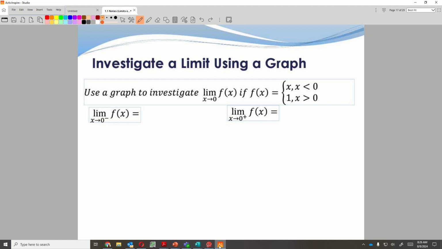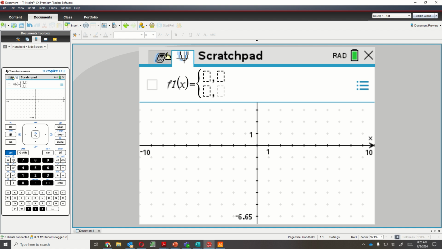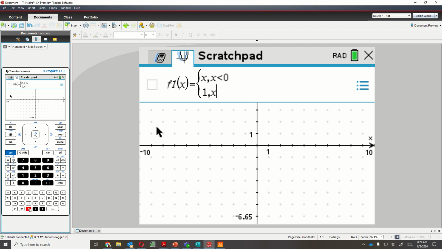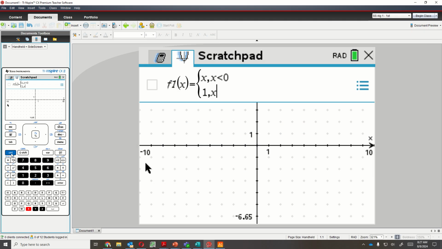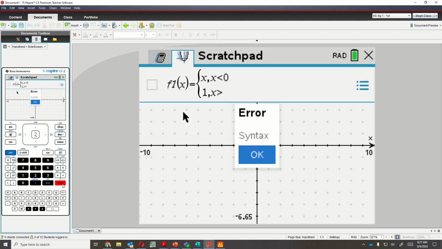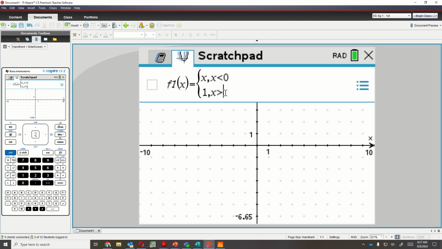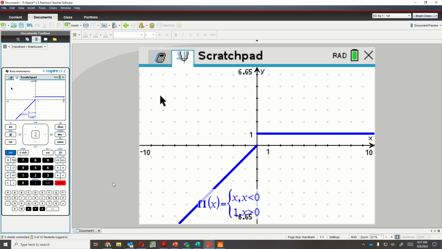My function is x when x is less than 0, and 1 where x is going to be greater than 0.